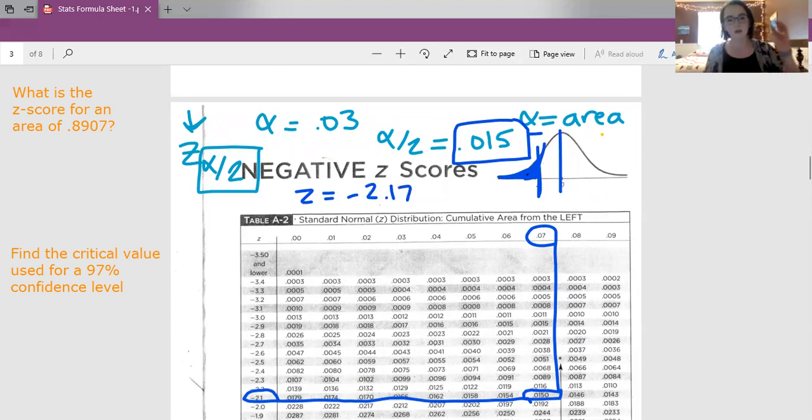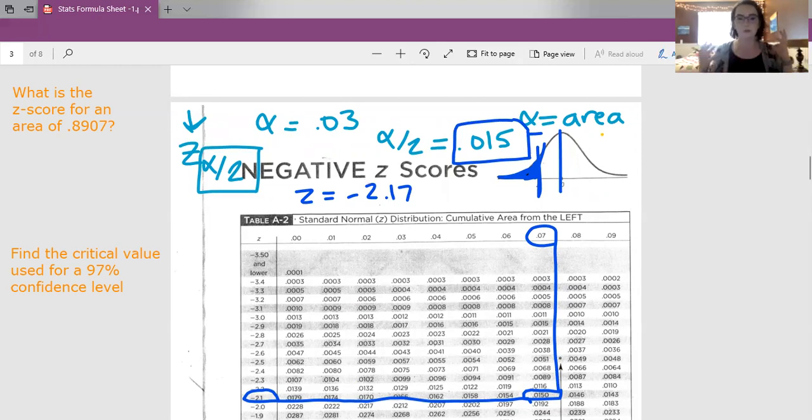Now, this is not the critical value. Why? Hopefully you said because it's negative. We've got to change it to a positive. So if you were to think, okay, how would I find this on the positive z-score table just to double check my answer? Remember, the area under the curve is always equal to 1.